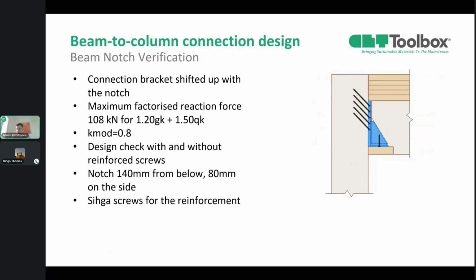In this case, we'll have to shift the custom steel bracket up, having a beam notch. We'll have the same maximum reaction force as on the previous, of course, and we'll have this verification with and without reinforcement. So first we'll try without reinforcement, and then we'll see if we need reinforcement.